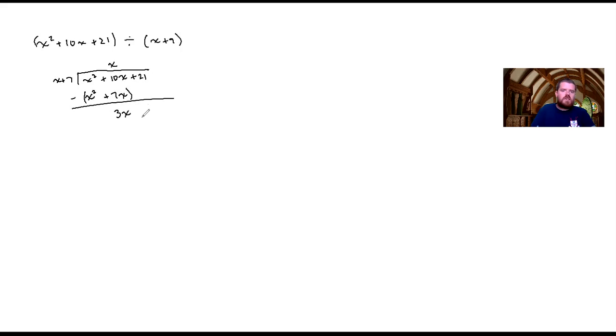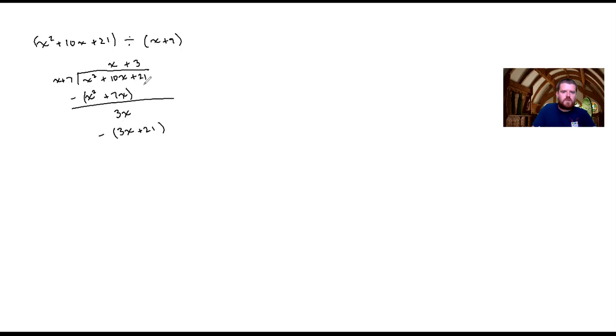Okay. Once I do that, I'm going to repeat. So I do 3x here, and I'm going to divide that by x. 3x divided by x gives me 3. So I write it on top. Then I'll take the 3 now and multiply it back. So 3 times x gives me 3x. 3 times 7 gives me 21.